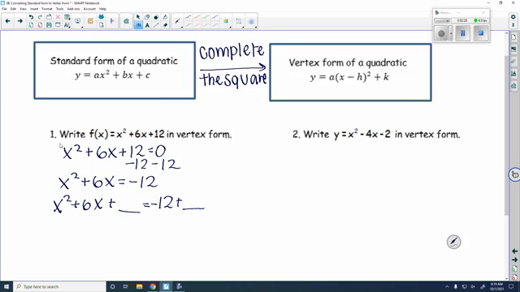What is step 3? Yep, find b over 2 squared. So take your b, what is my b number here? 6. We want 6 divided by 2 squared.